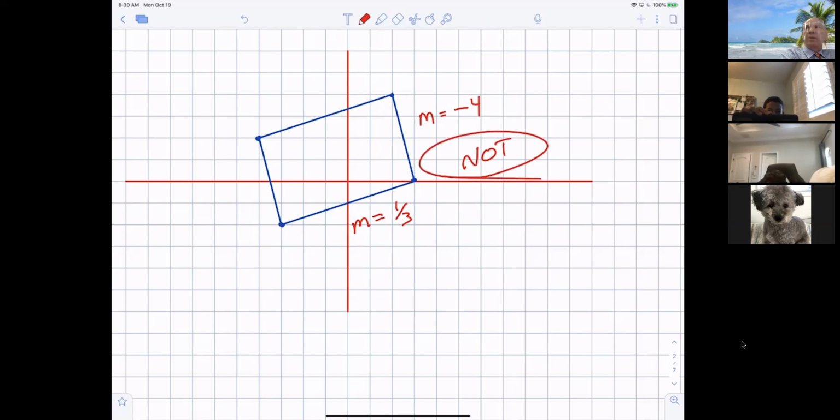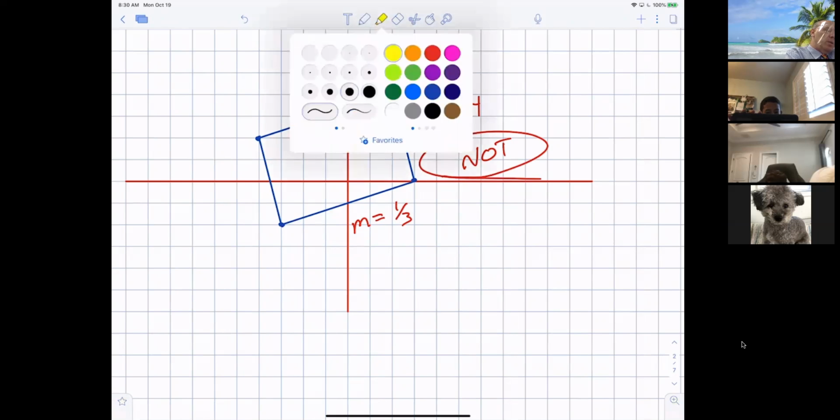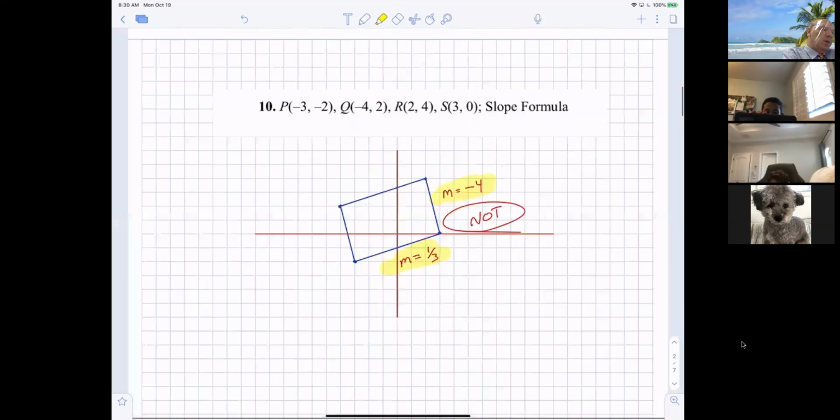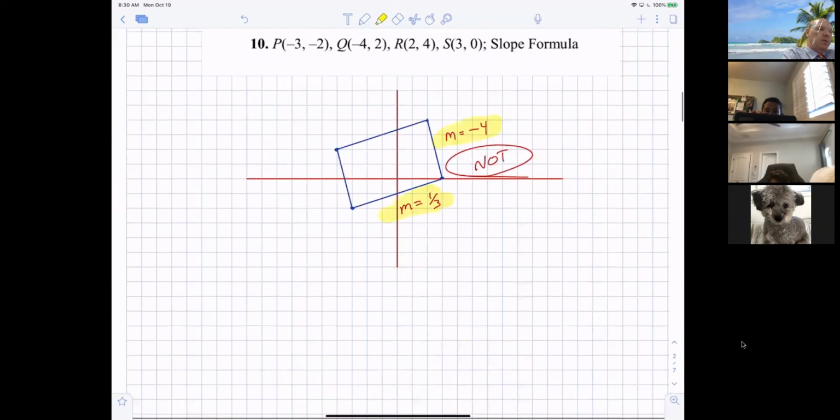Number 2 is not a rectangle, because again, these are consecutive sides here and here. All right, so they are not a rectangle. Okay, what? Tell me. I can't hear you. The one on the right.